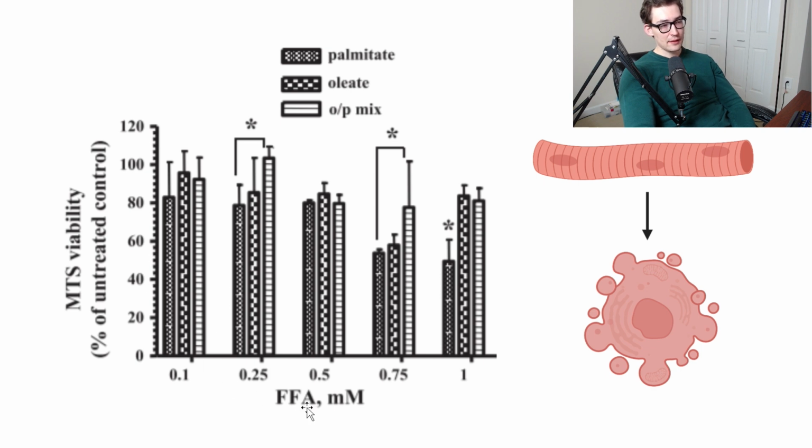Here we see that a small level of free fatty acids, or fats, does not seem to affect the cell's ability to survive. However, if you start increasing the concentration, there is a decrease in the number of cells that survive.